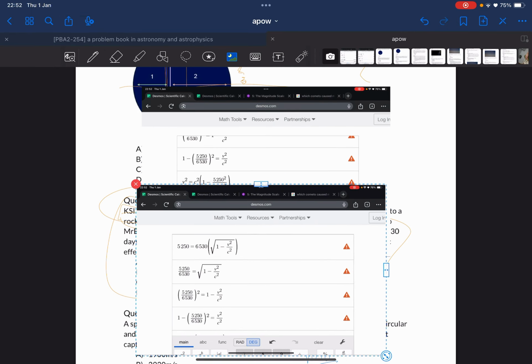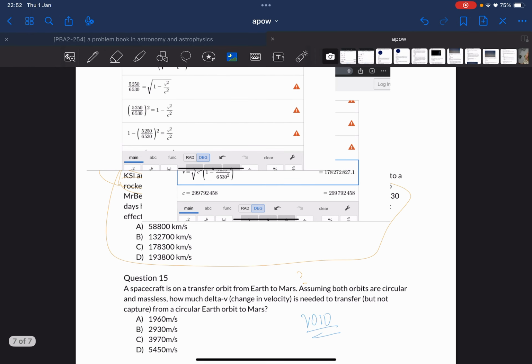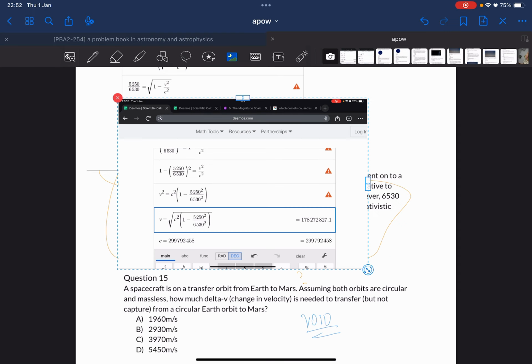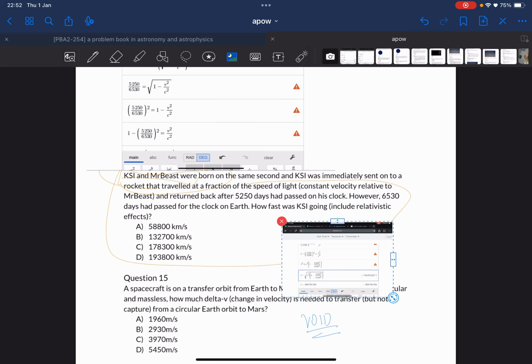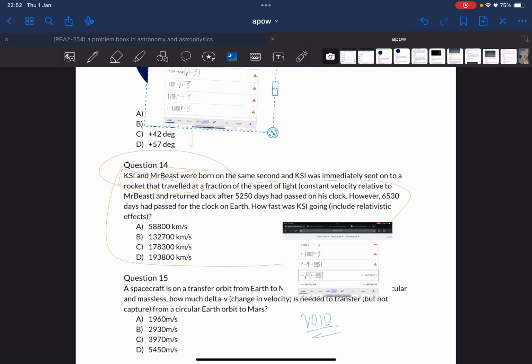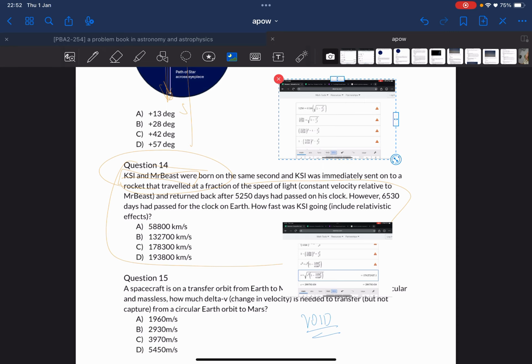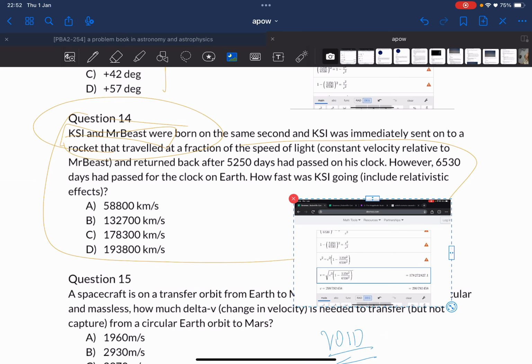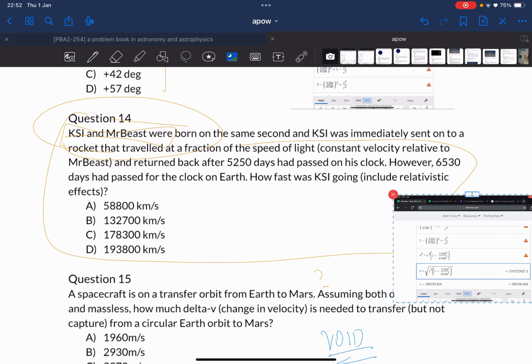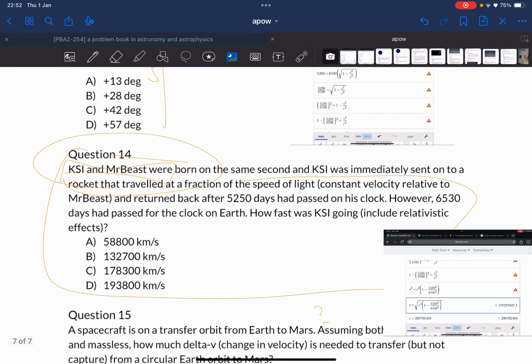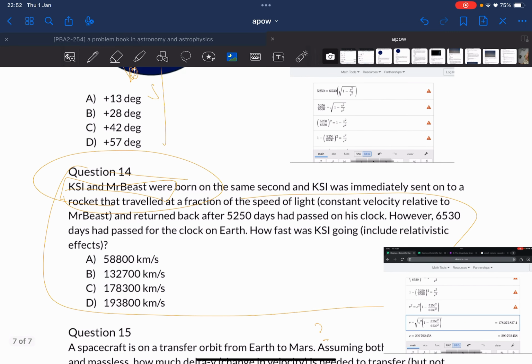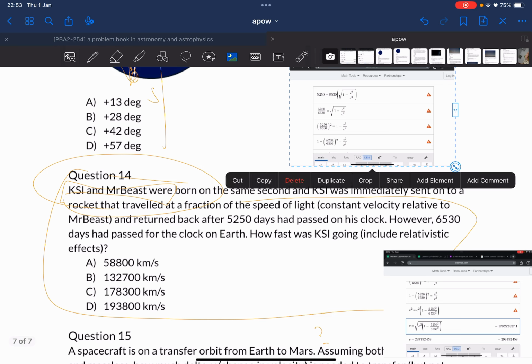So we have this, right? It was given that it travels at some fractional speed of light, and when it returns, how many days pass by? 5250 on his clock, but on Earth it passed by 6530.